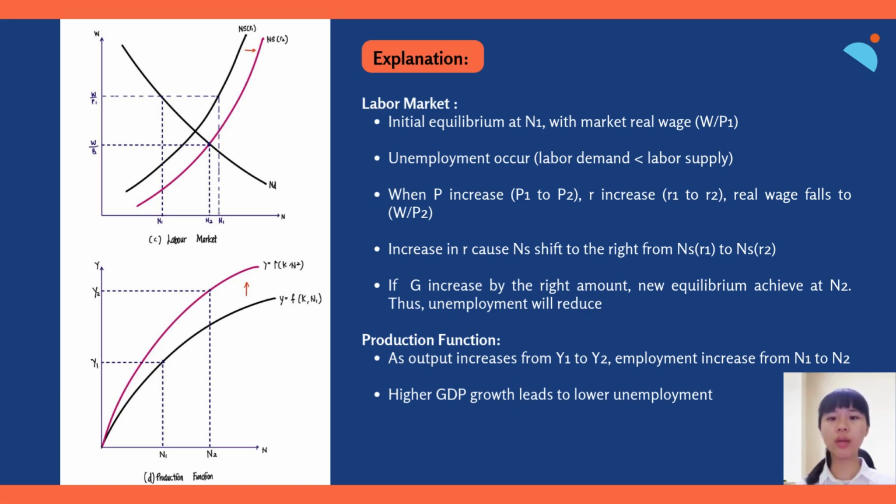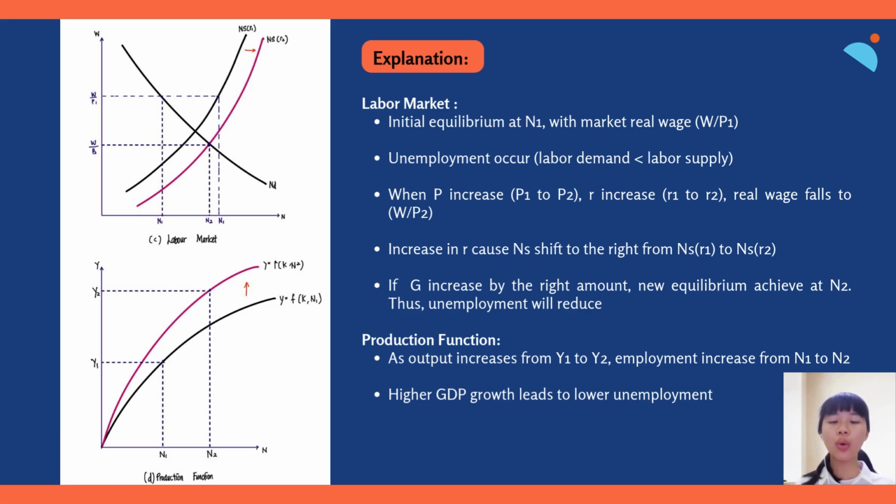The increase in price will cause the labor supply to shift to the right from NS1 to NS2. If the government spending increases by the right amount, the new equilibrium will be achieved at N2, thus unemployment will reduce. For the production function, as output increases from Y1 to Y2, employment increases from N1 to N2; a higher GDP growth will lead to lower unemployment.